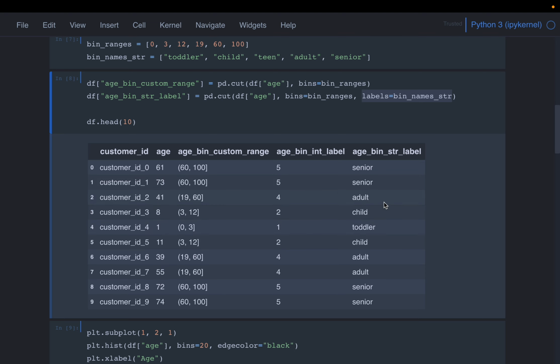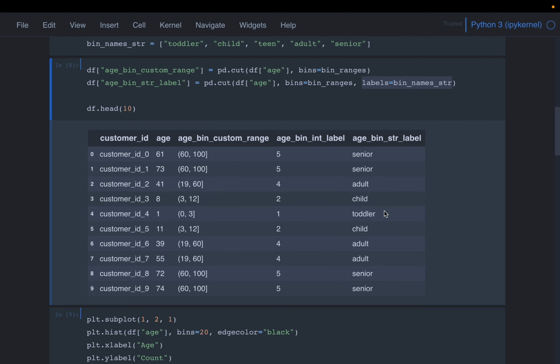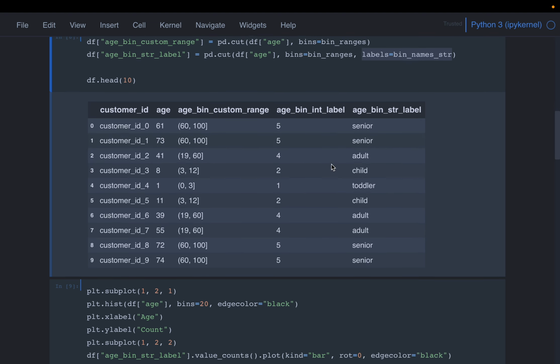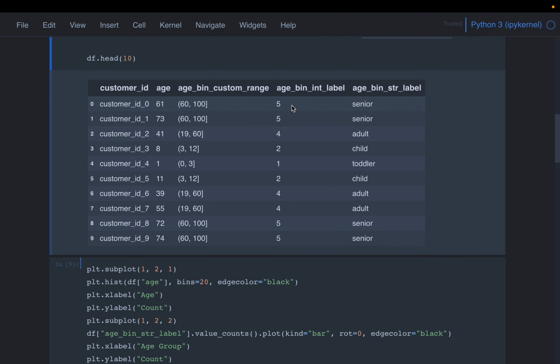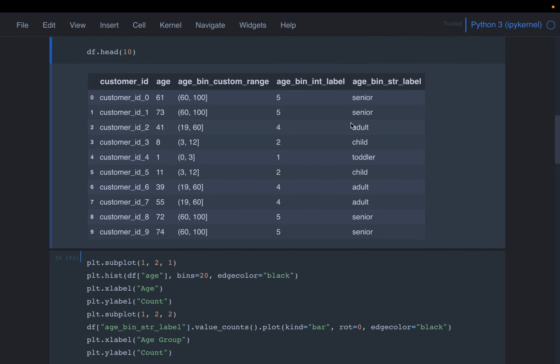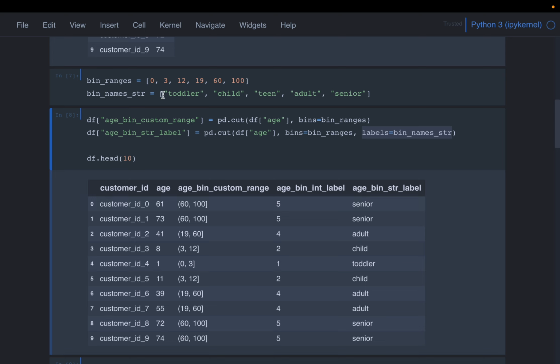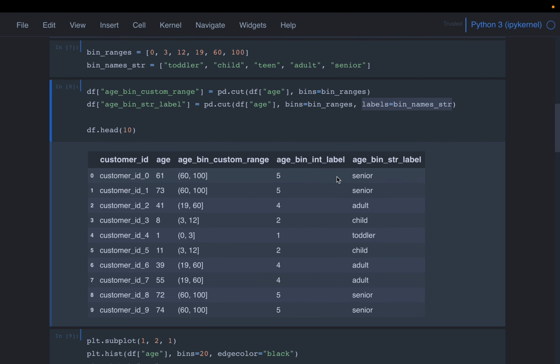Okay. Then, as you know, in machine learning, we don't work with strings. Now we can convert these strings into integers. We can either do one-hot encoding, or we can convert them into integers, because there is some order to it, right? For example, child are older than toddler, teens are older than a child, so on and so forth.